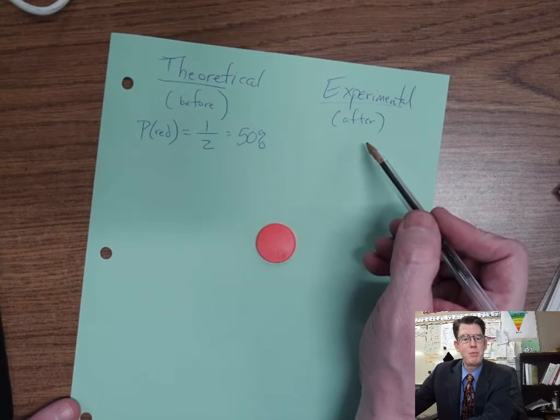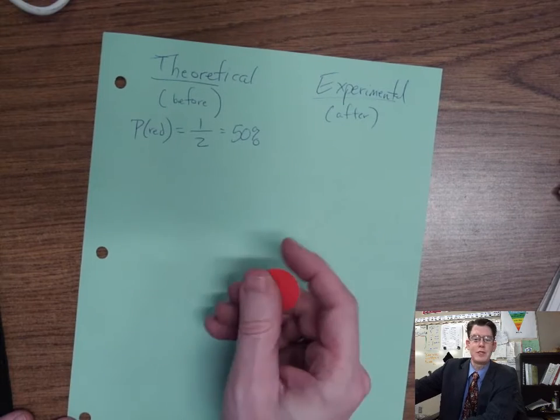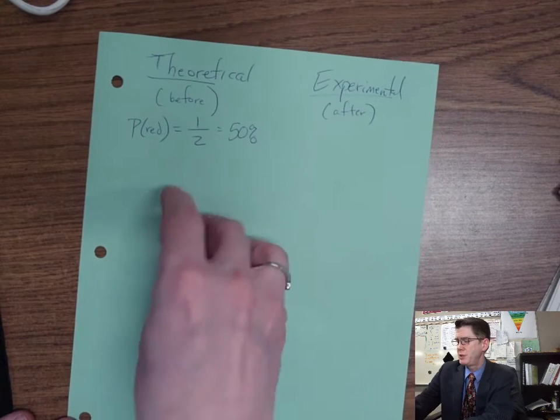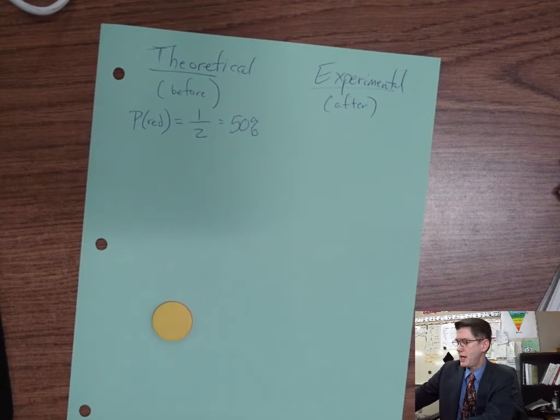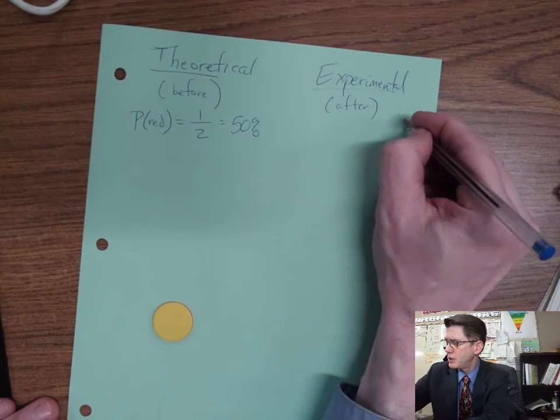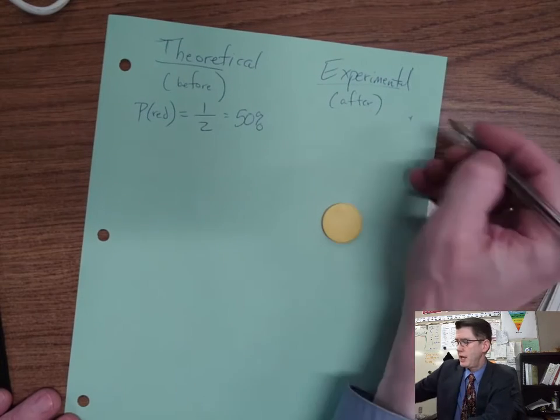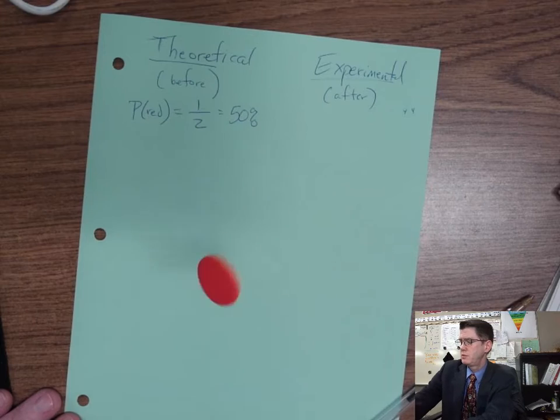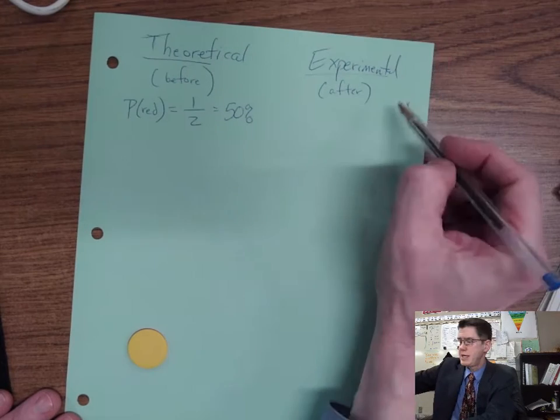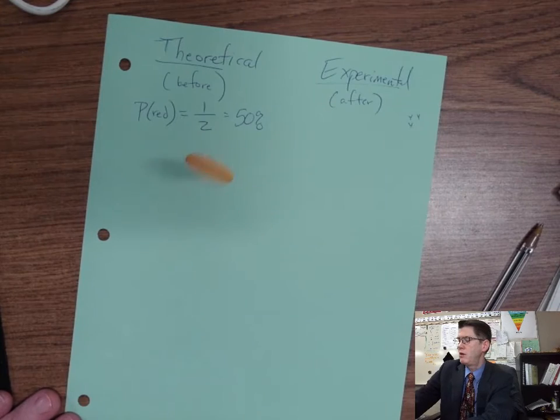The experimental is what happens when I do it. So for example, if I do this 4 times, let's see, red. Okay, so I got a yellow. I'm going to keep some notes here. A yellow, a yellow, a yellow, and a yellow.